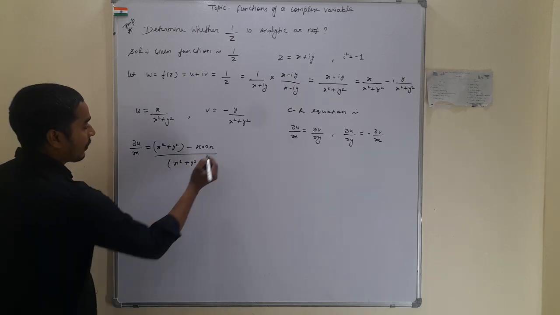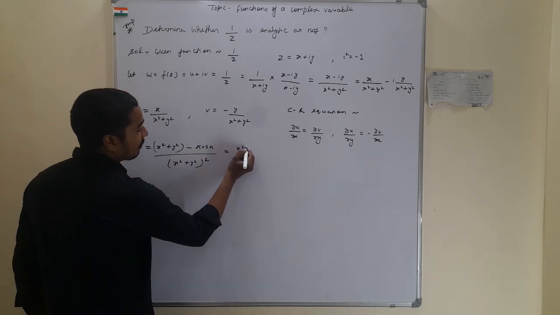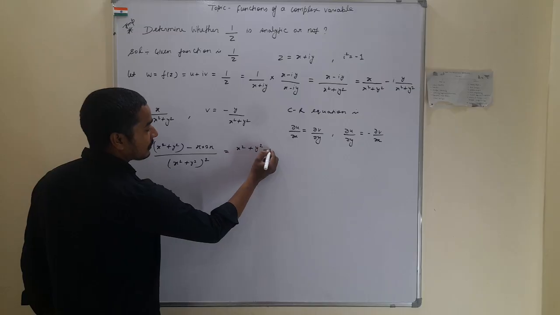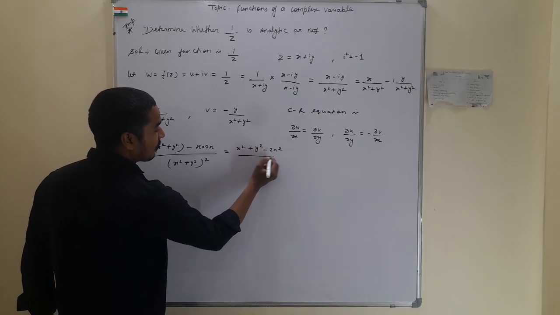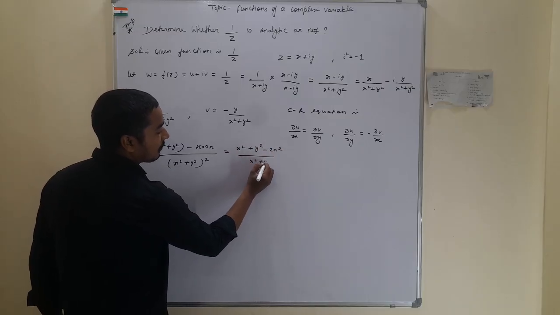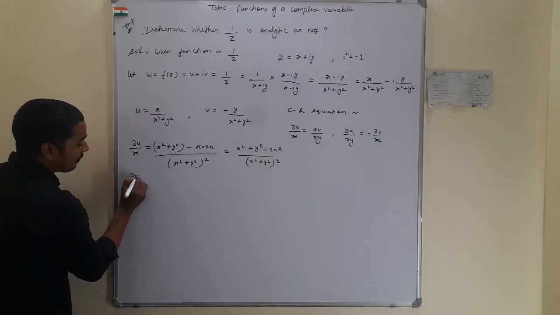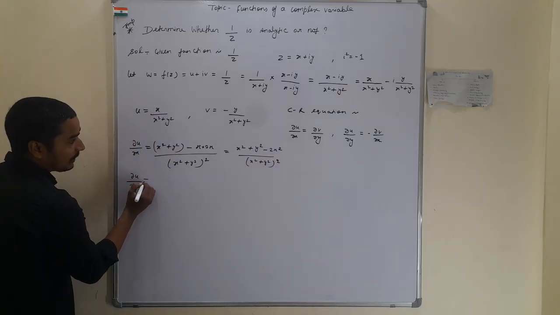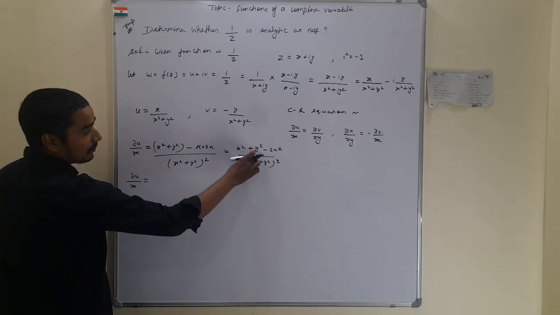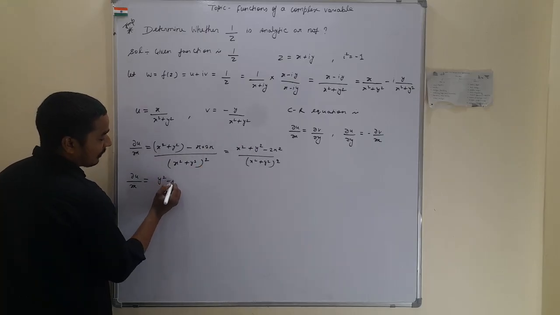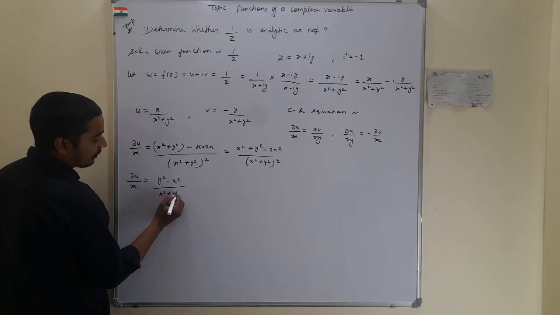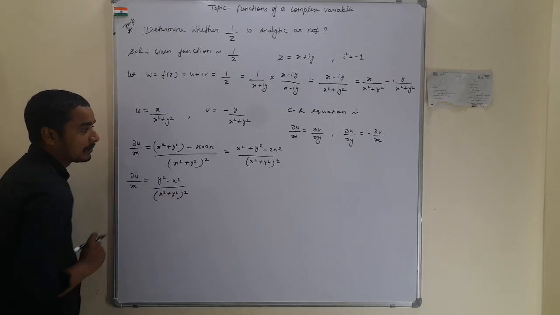This gives x square plus y square minus 2x square upon x square plus y square whole square. So from here the value of del u upon del x is y square minus x square upon x square plus y square whole square.